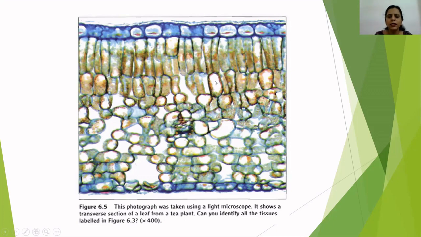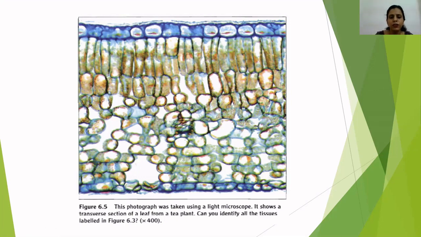Below these two Palisade mesophyll layers, we have the spongy mesophyll cells. So the entire area from here till here is spongy mesophyll. Then we have the lower epidermis, and this one is actually a vascular bundle. Vascular bundle means it has phloem and xylem tissue, which help in transportation of food and water respectively.